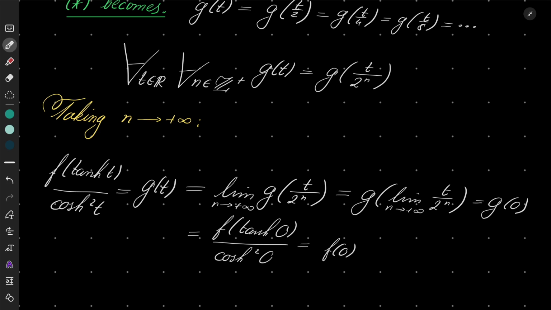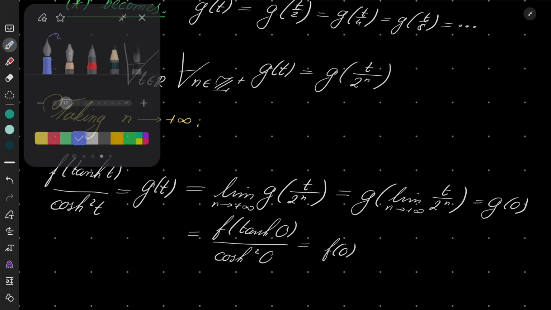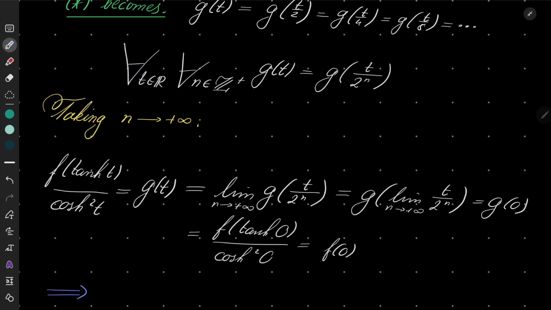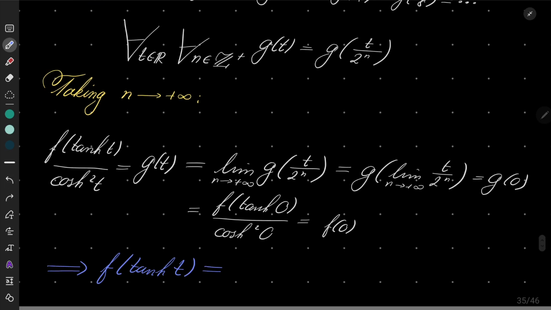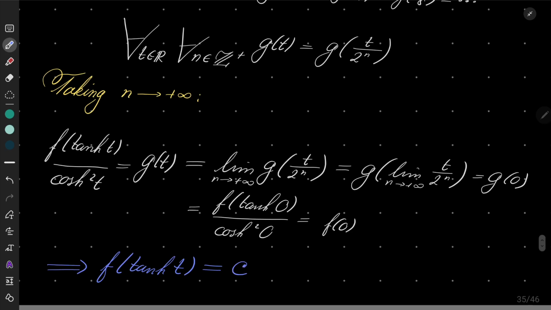That means that f of hyperbolic tangent of t equals f of 0, which is some constant, let's say it's c, times hyperbolic cosine squared of t, where c is a constant.